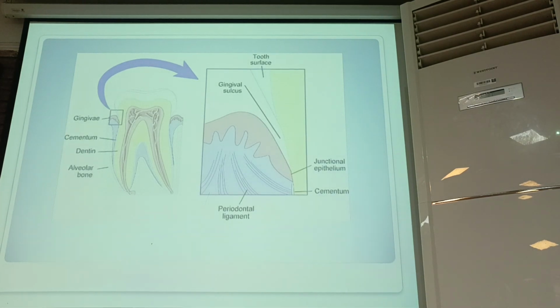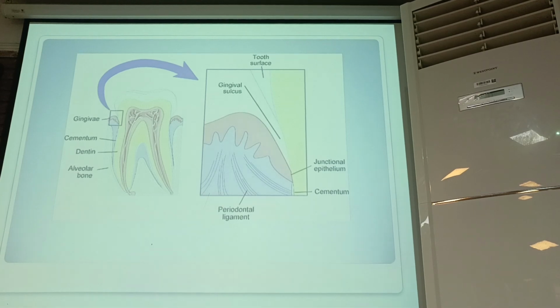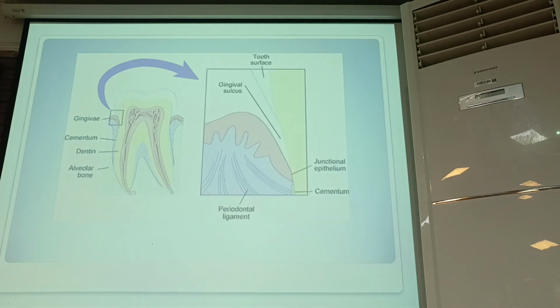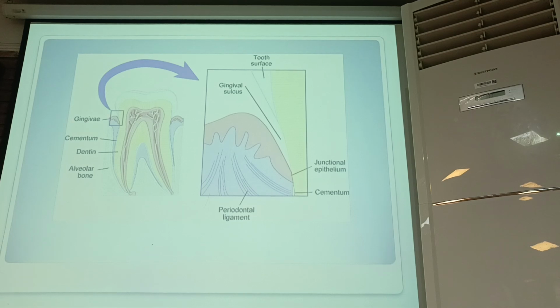In a healthy gingiva, we have a free gingiva whose depth is about 2 millimeters. So, in case of good oral hygiene, the gingiva would be pink colored and firm, and we have no bleeding during, for example, toothbrushing.